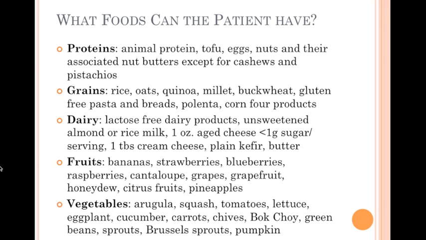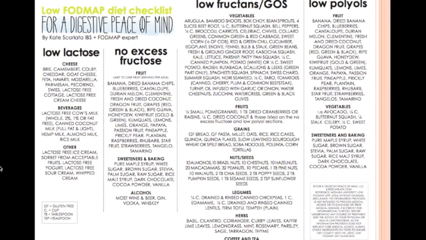If the sugar content of hard cheeses is anything greater than 0 grams, it may cause some GI distress. But again, this is individualized and will vary from person to person. And this is an additional chart listing foods that are low in FODMAPs.